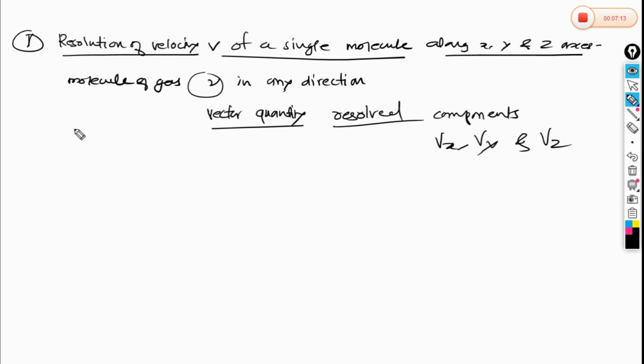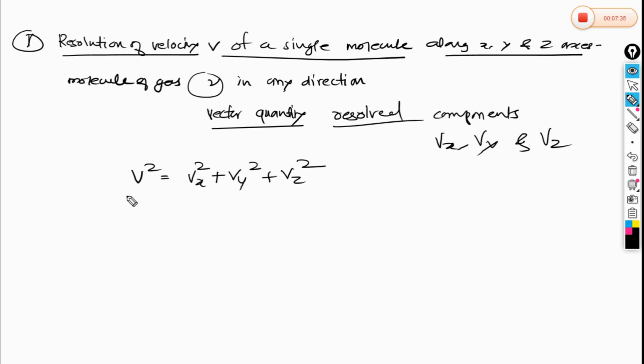These components are related to velocity v by the following expression, that is v square is equal to vx square plus vy square plus vz square.